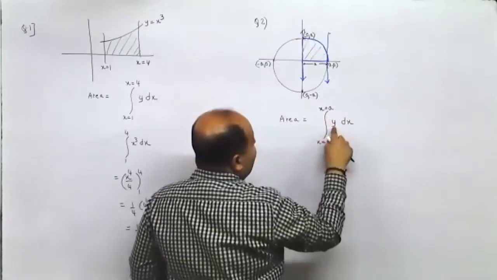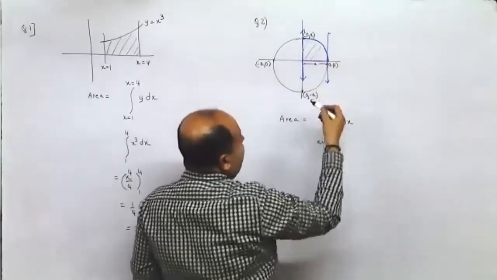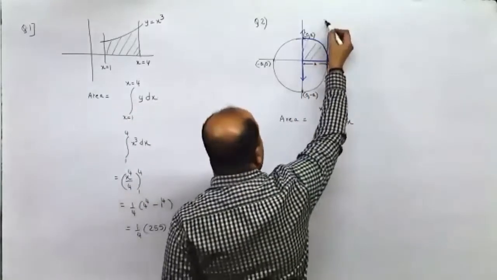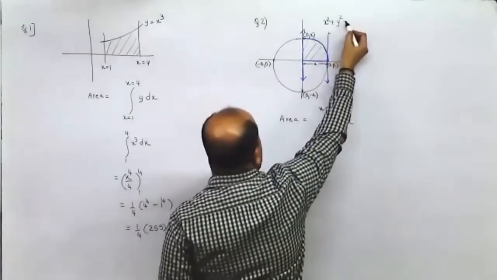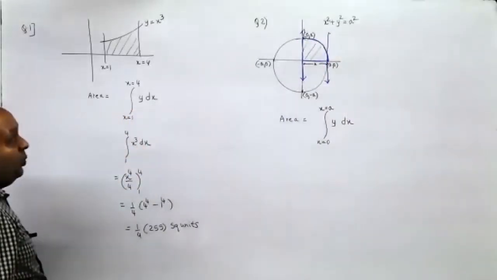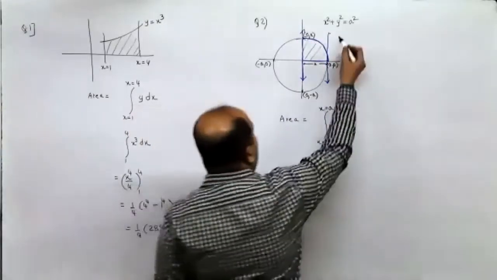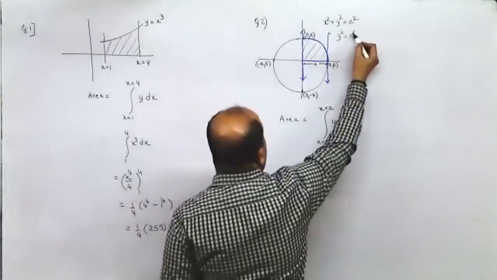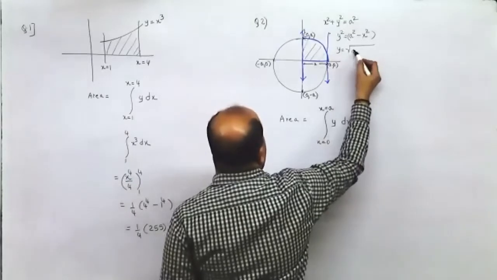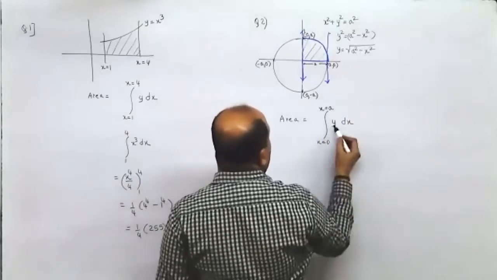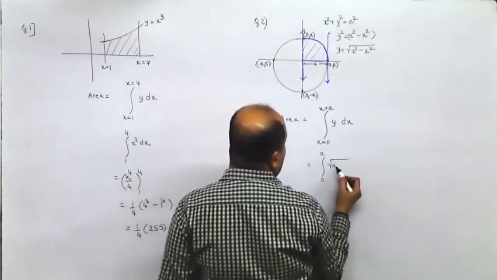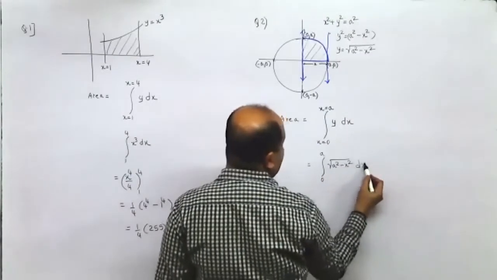Now this y here, the equation of the circle would always be x square plus y square equal to a square. So y square is a square minus x square, or y is root of a square minus x square. Now replace this with root of a square minus x square dx.